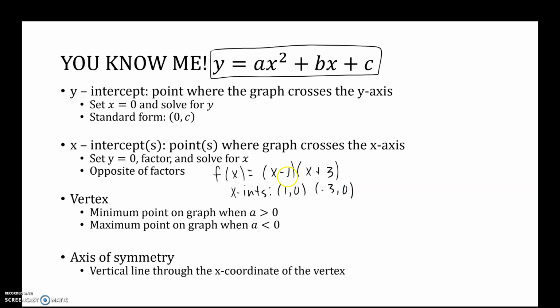Because our intermediate step is setting each factor equal to 0 and solving for x. So those check for understandings that you had to do, my factors and my x-intercepts, they're opposite signs of each other.